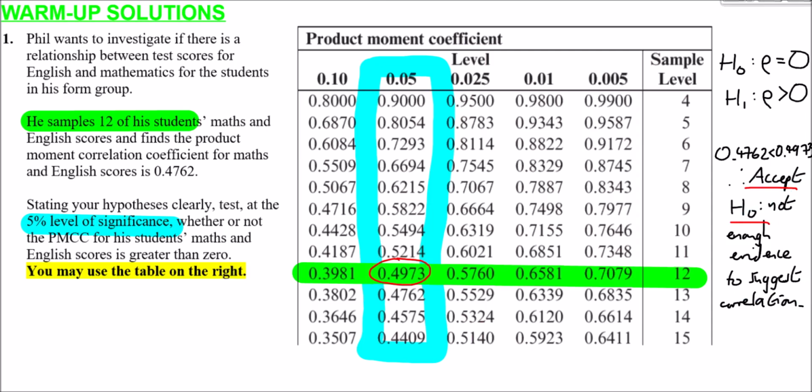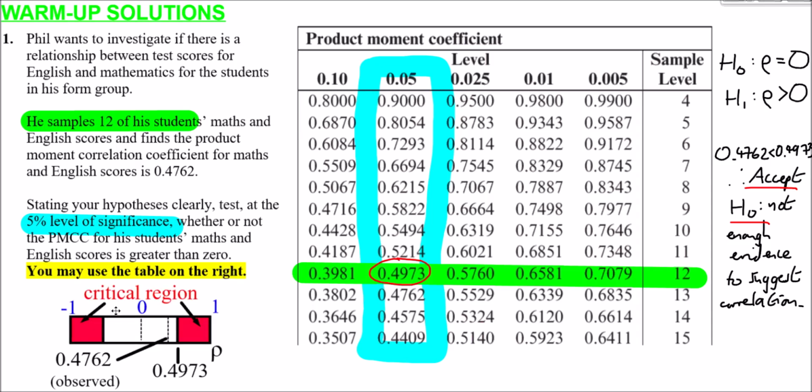In terms of graphically what's going on, this is what we've got. So here are critical points for rho, which is the population correlation. 0, no correlation. 1, perfect positive. -1, perfect negative correlation. Now, the critical value is 0.4973, which is here.